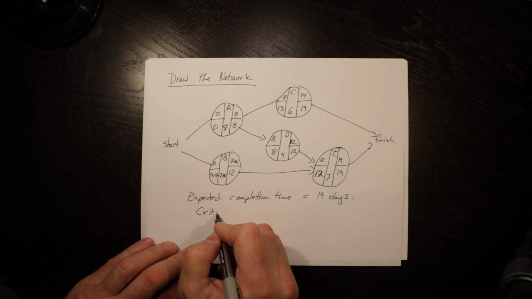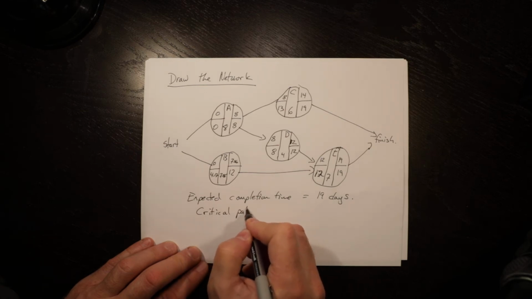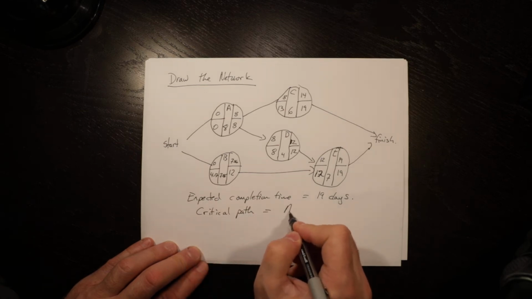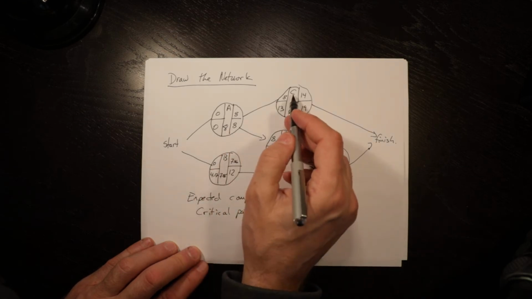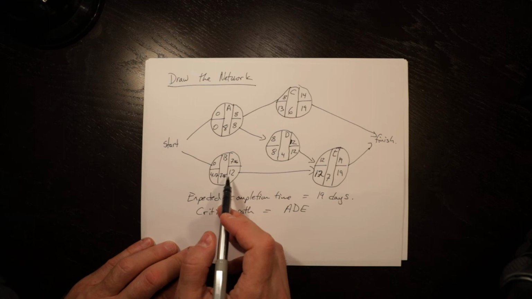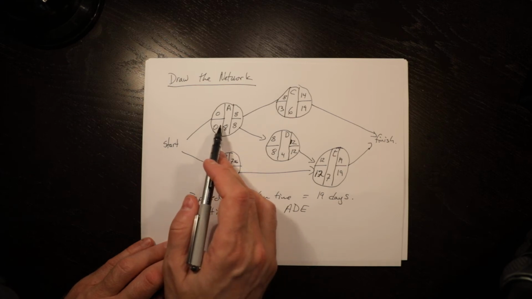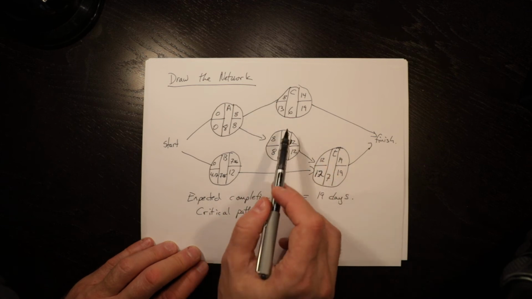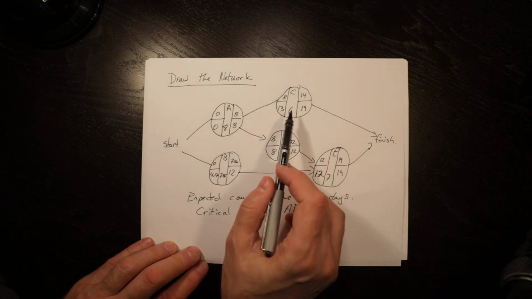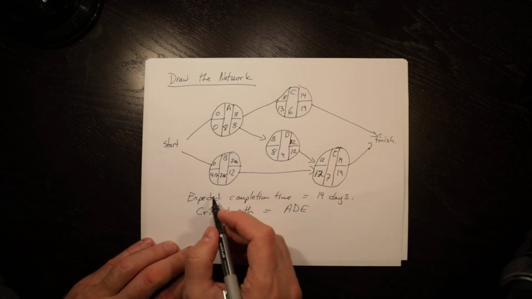Critical path is equal to ADE. This has slack in it. This has slack in it. The only path that is critical is ADE. Remember, the mistake people make is putting in the most likely here. You don't put in the most likely, you put in the expected value.